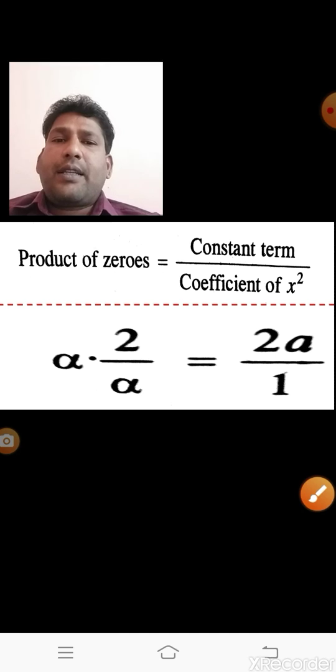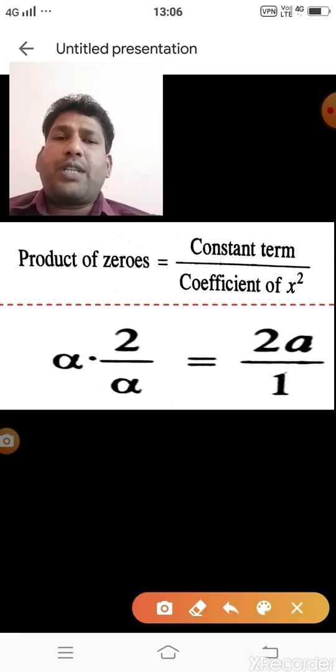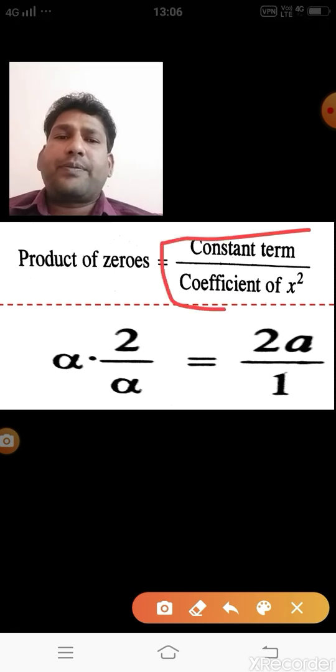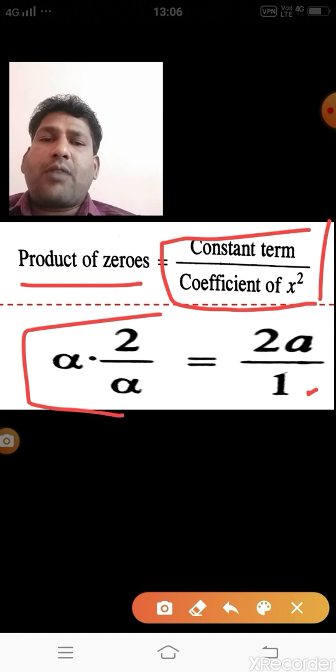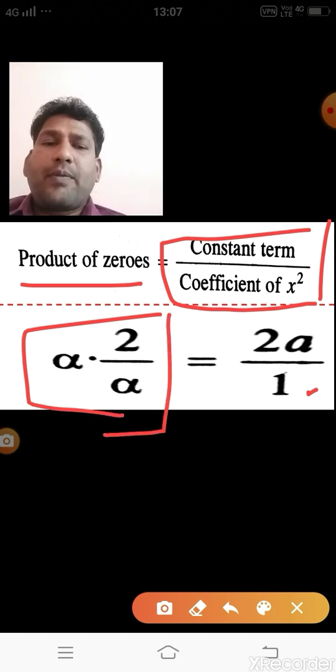Then for the product of zeros we have constant term upon coefficient of x square. Constant term we are getting as 2a and the coefficient of x square we have 1, and here we are taking the product of the zeros, alpha into 2 upon alpha.